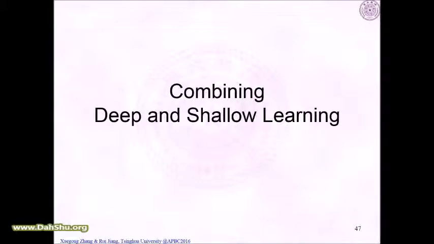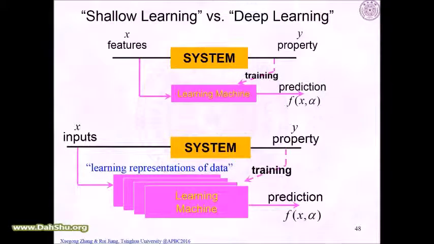So actually, as we can see from the examples I have shown, in many of the examples, we actually combine the deep and shallow learning. So they are not exclusive to each other.